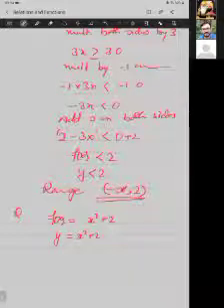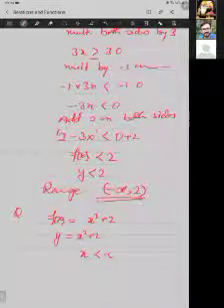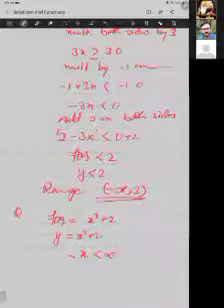As per the question, we have been given that x is a real number. X is a real number means x is less than infinity and greater than minus infinity.